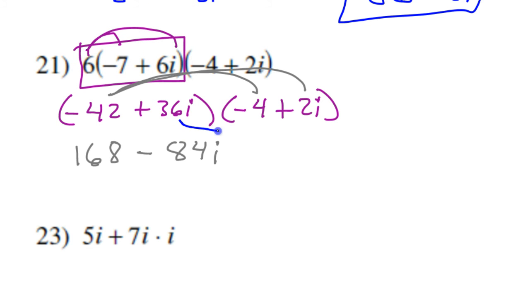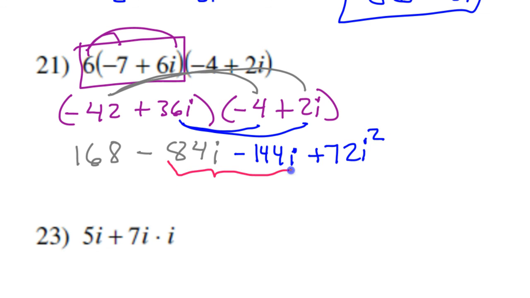Okay, now I'm going to have to do 36i times these 2 guys. So 36 times 4 is 144, so that's going to be negative 144i. And then 36 times 2 is going to be 72, and then i squared.